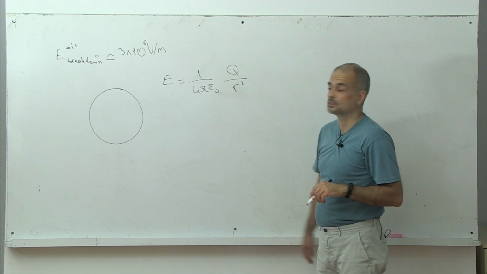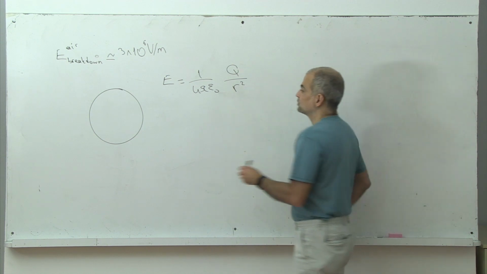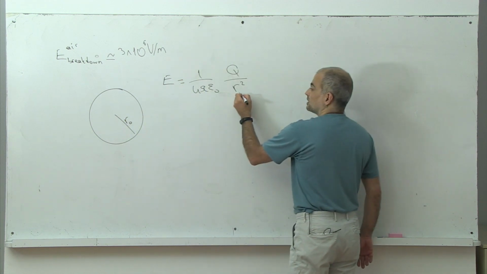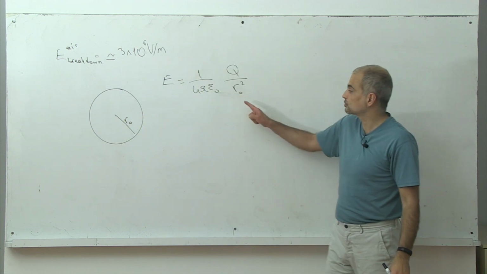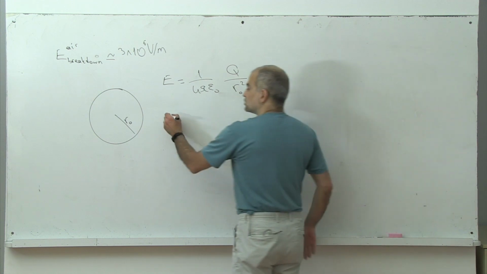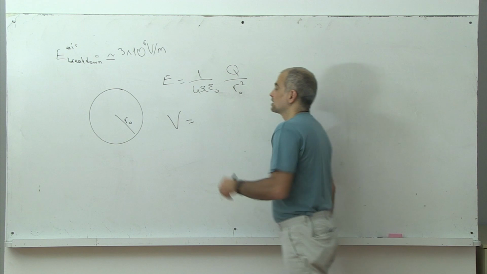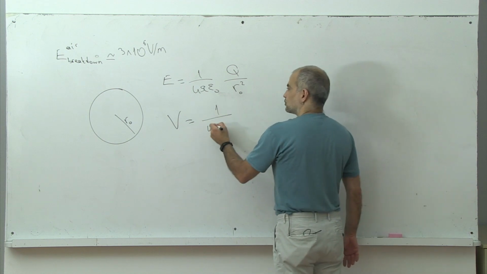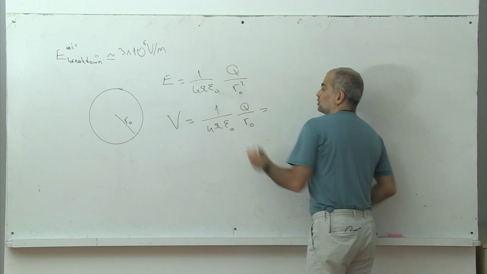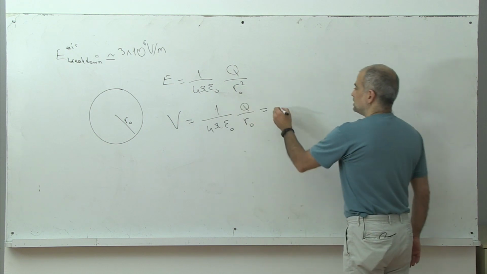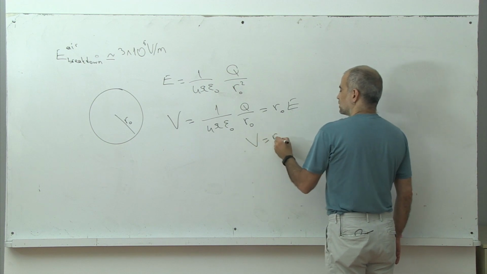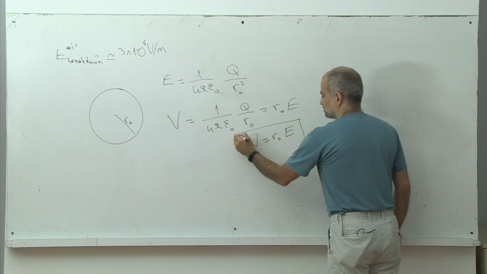This is outside the sphere. Right on the surface of this sphere of radius r0, the magnitude of the electric field would have this expression. Whereas the voltage on the surface of this conductor will be 1 over 4 pi epsilon 0 q over r0, which is nothing but r0 times E. So V is equal to r0 times E.